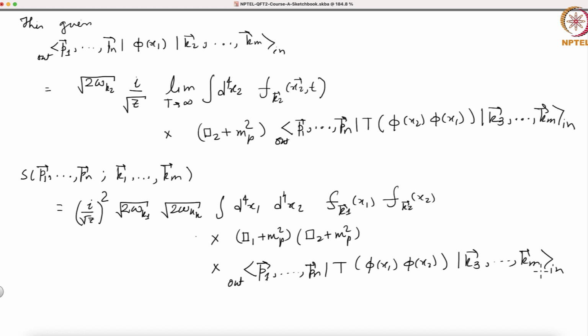So if you continue removing these labels k one by one, you are going to get eventually i over square root of Z. How many such factors? M such factors, because there are M labels in the in state.